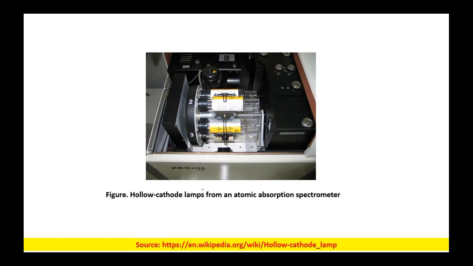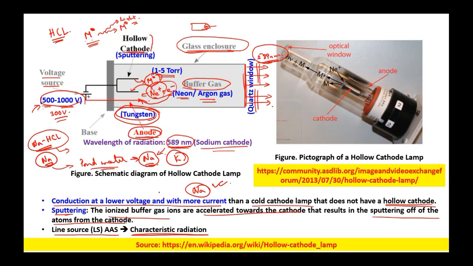Now, if you see an atomic absorption spectrometer, you have a number of hollow cathode lamps. Why? This is because in the previous slide I told you that if I am using a sodium hollow cathode lamp, I will be able to analyze only sodium ions.